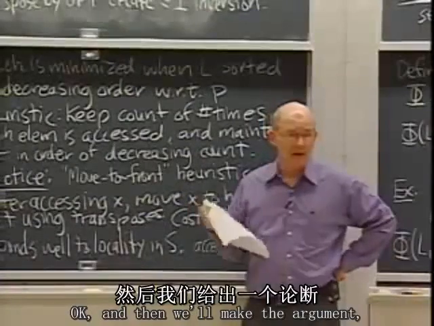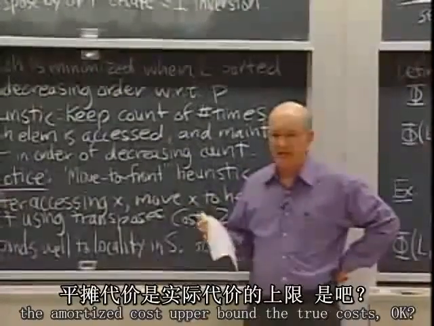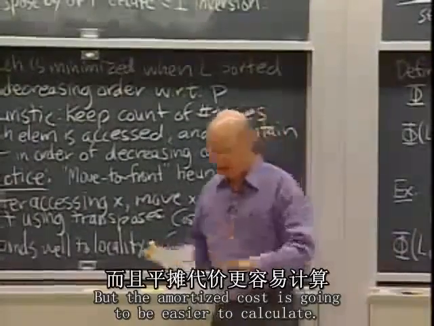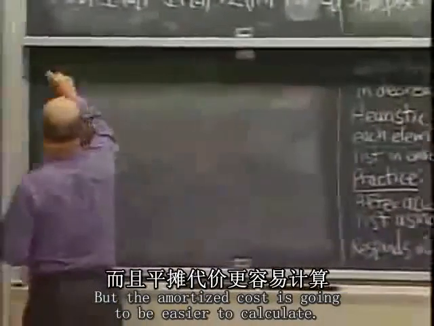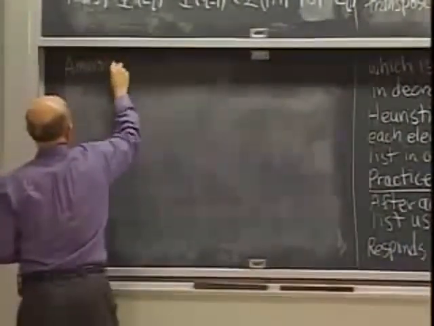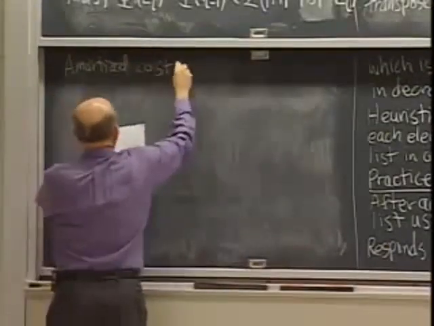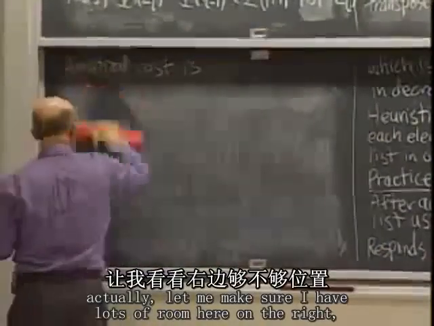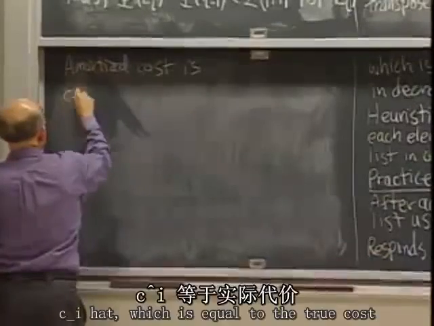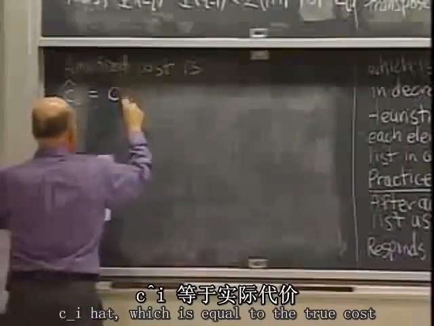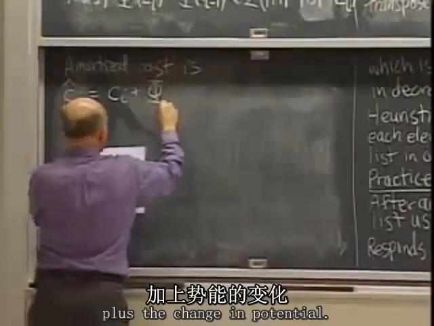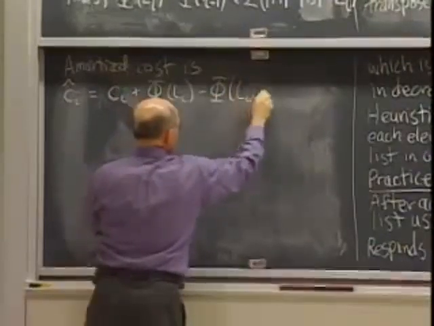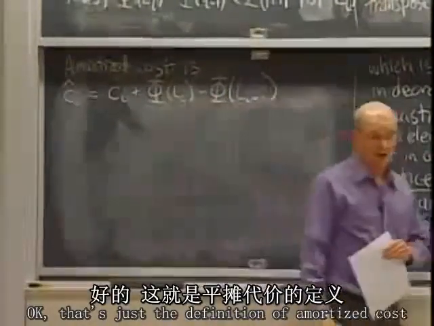Then we'll make the argument, which is the one you always make, that the amortized costs upper bound the true costs. But the amortized cost is going to be easier to calculate. So amortized cost is just c sub i hat, which is equal to the true cost plus the change in potential. That's just the definition of amortized cost when given potential functions.